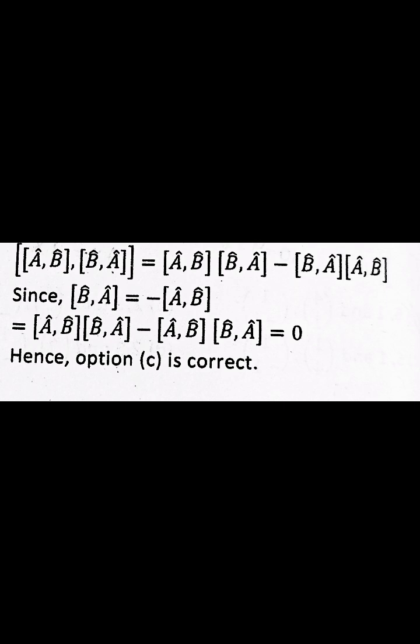So this can be written as [A, B][B, A] minus [A, B][B, A], and this is equal to 0. That means we can write the two matrices have the commutator property, that is AB is equal to BA. So the answer is option C.